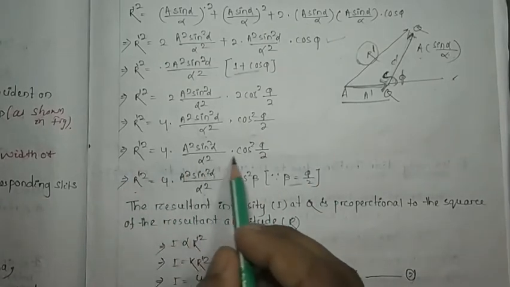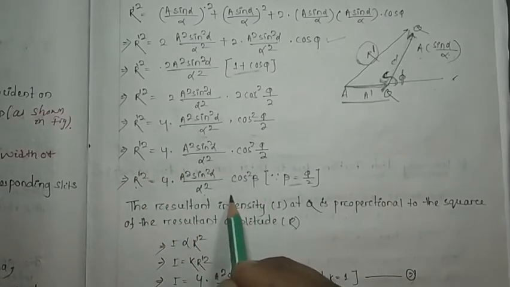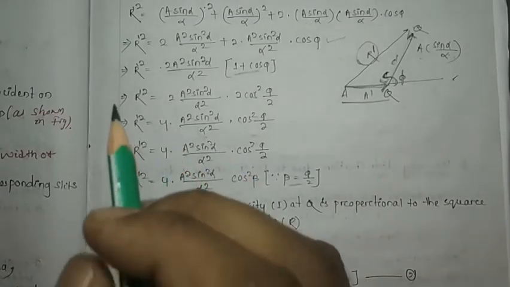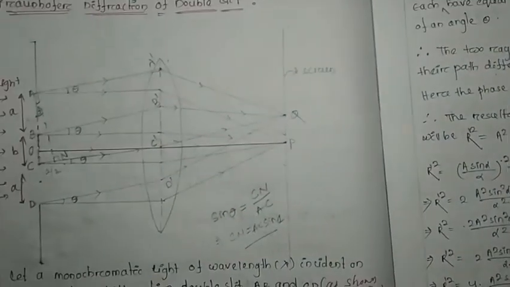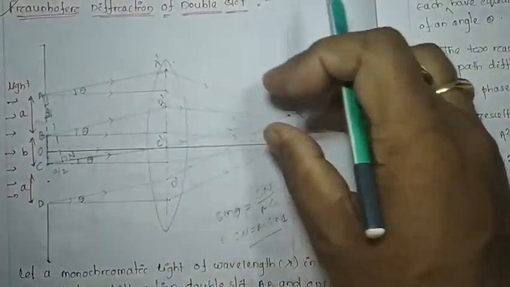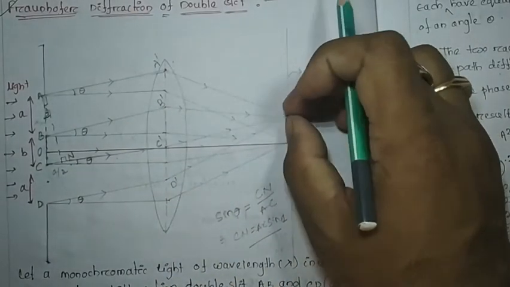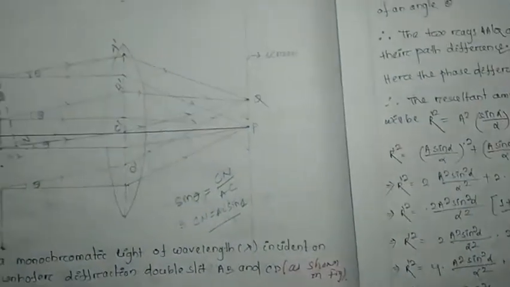So this is nothing but the amplitude square of the resultant of the two rays that are going to interfere with each other at the point Q. So here we have considered two things.